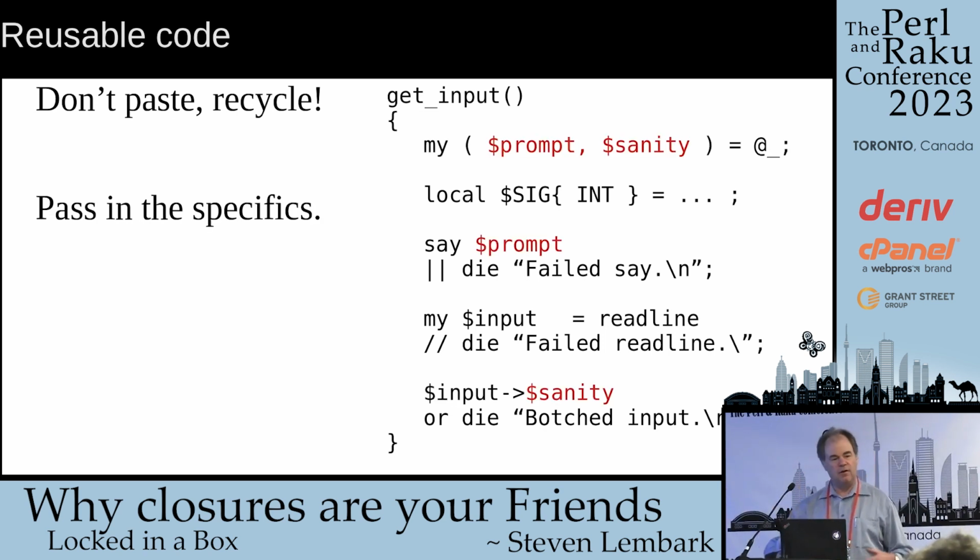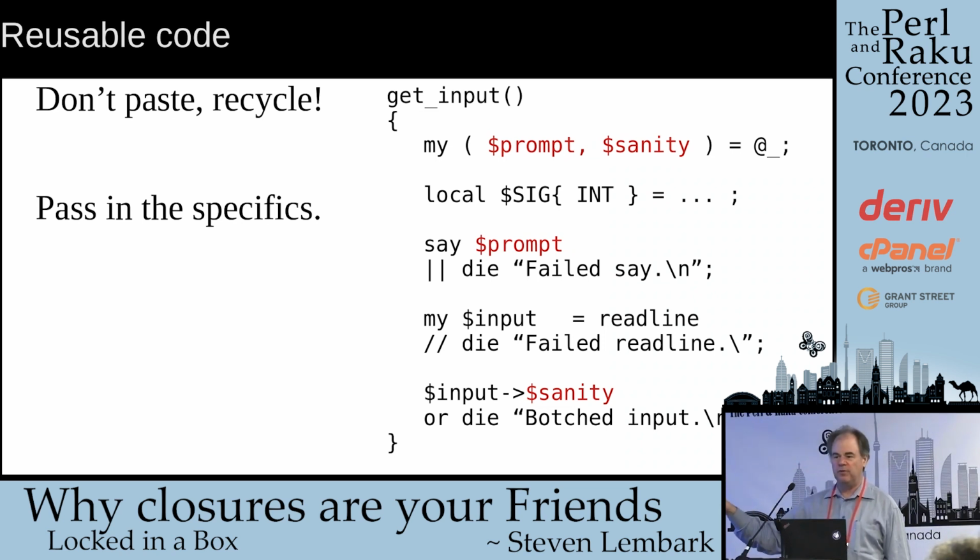But let's say now I pass in something that's my prompt and a subroutine, a sanity checker. I don't have to know how or why or what that sanity checker does, but if I run it, it's going to return true or you gave me bad input, period. What just happened?